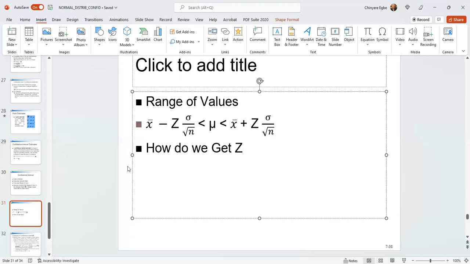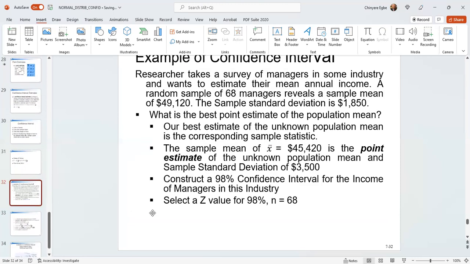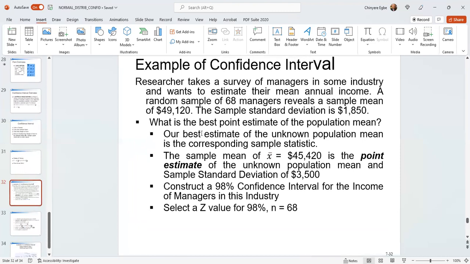So here is an example. We took a survey of managers and a random sample of 68 managers reveals a sample mean of $49,000. The sample standard deviation is 8,850. What is the best point estimate of the population mean? Our best estimate of the unknown population mean is the corresponding sample statistic.